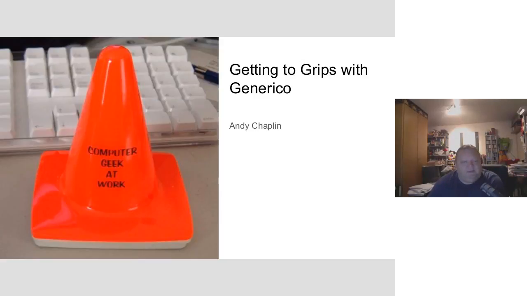So using my typical approach of just brute force, finding out how things work, I created a widget which embedded Wolfram Alpha, and it took me a few minutes. And I thought, now I'm starting to understand what this Generico thing is all about. And I started playing with it. And really, it's been quite a short but intensive journey.